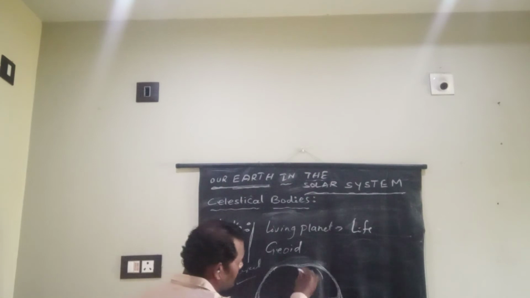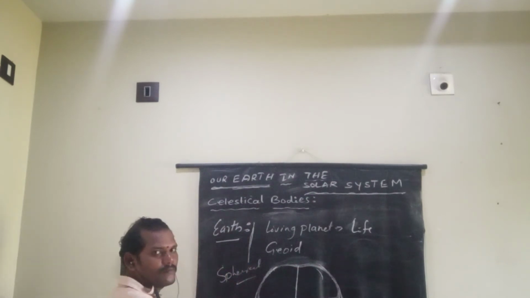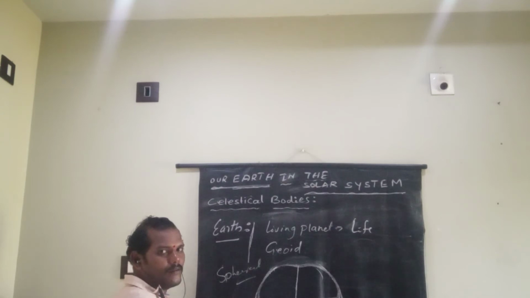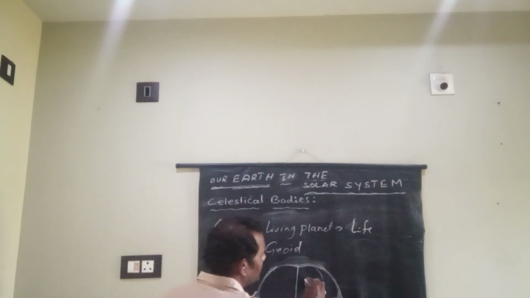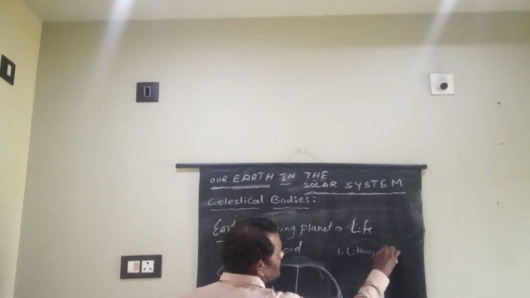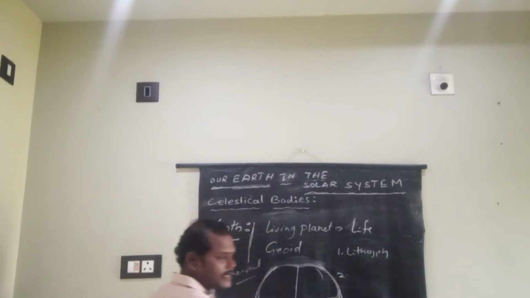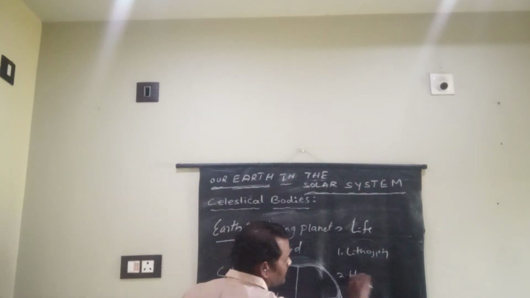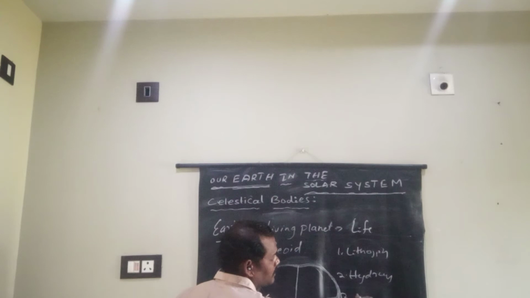This earth is classified into 4 parts. First one is the lithosphere. Second one is the hydrosphere. Third one is the atmosphere.